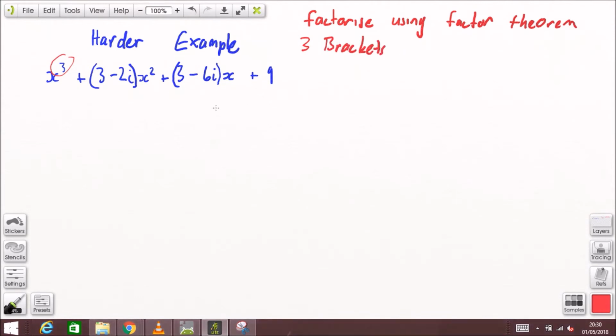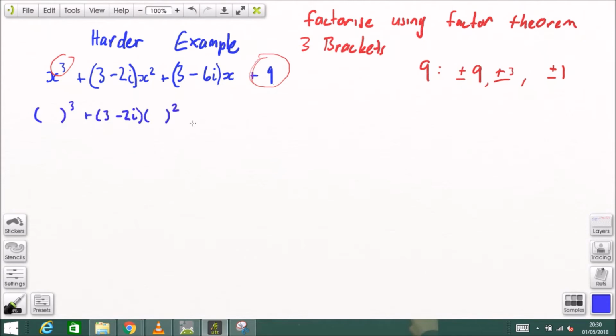It's going to have 3 brackets because it's a cubic, and we're not told any of the factors at the moment. The last number in each bracket will have to multiply together to give the constant term, and the only factors of 9 are plus or negative 9, 3, or 1.